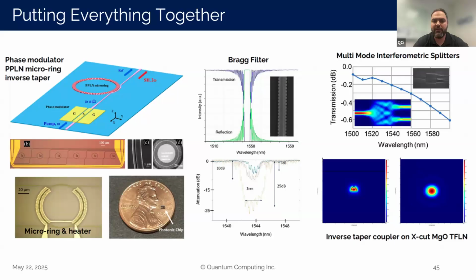We can put many different components on the circuit: Bragg mirrors, MMIs and such, inverse tapers. And we can also work with a variety of different kinds of wafers, doped thin-film lithium niobate, X-cut, Z-cut, or Y-cut. Although our standard PDK is only focused on one of these, mainly X-cut right now.